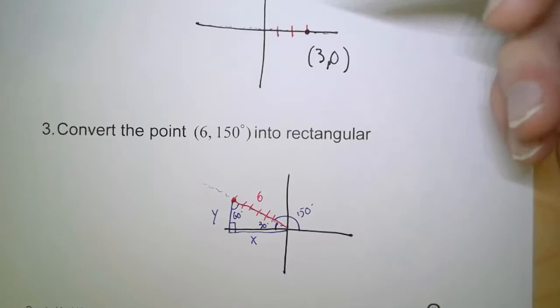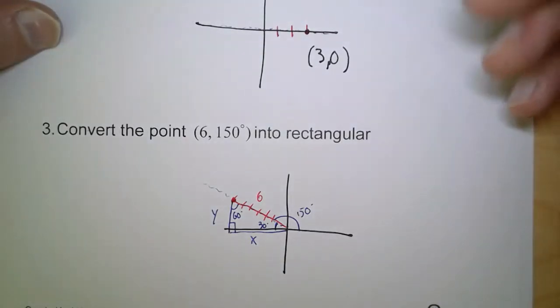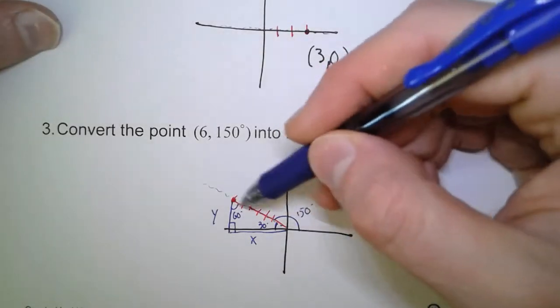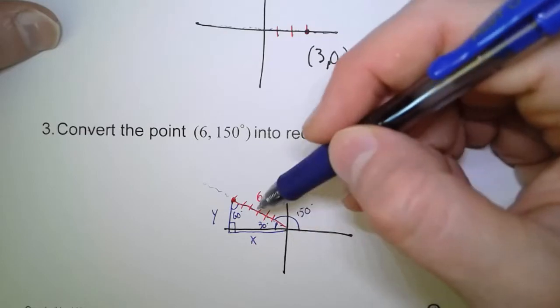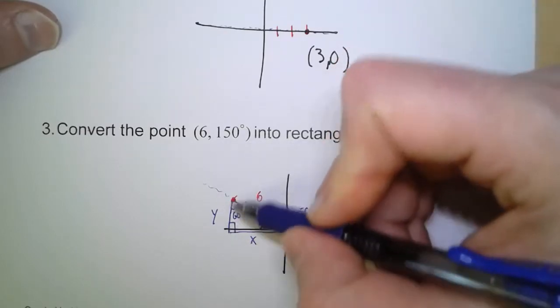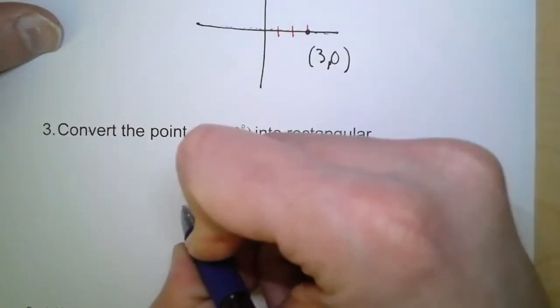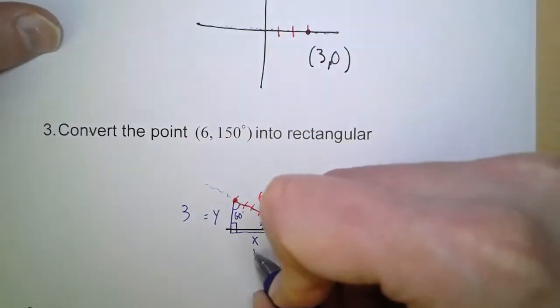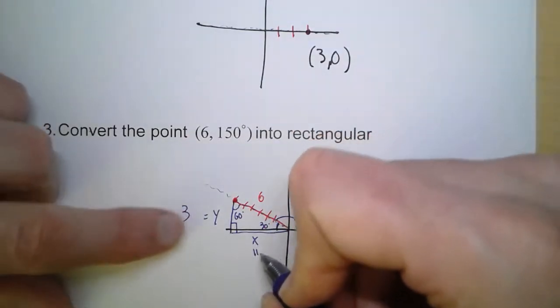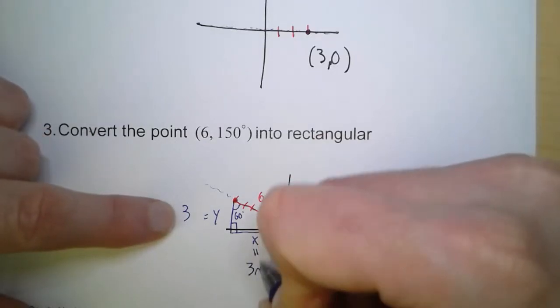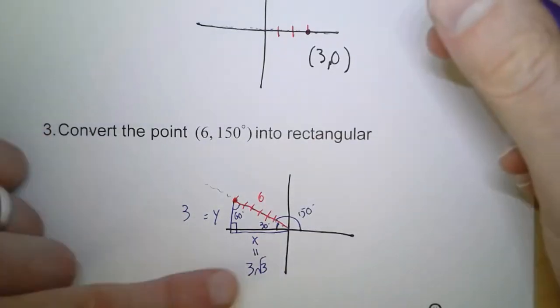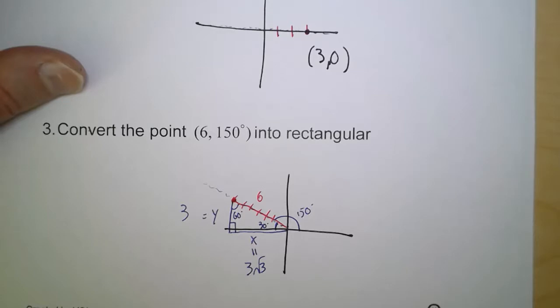And so, based on our rules for a 30, 60, 90 triangle, the hypotenuse is twice as long as the side that's opposite 30 degrees. So that means this side right here has to have a value of 3. And this side down here, you just take the short side and multiply by square root of 3, so it's 3 square root of 3.